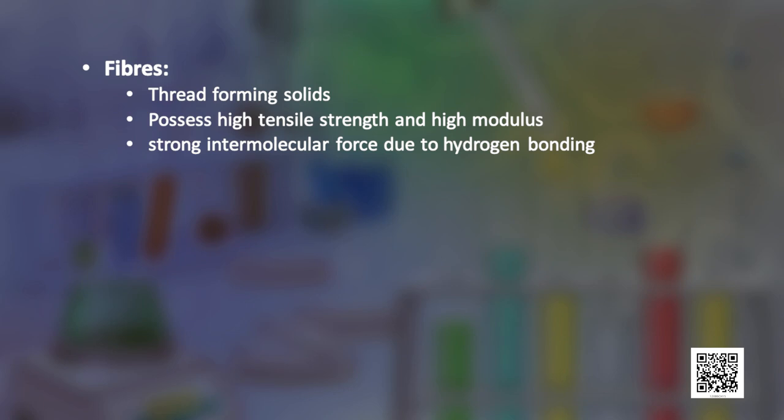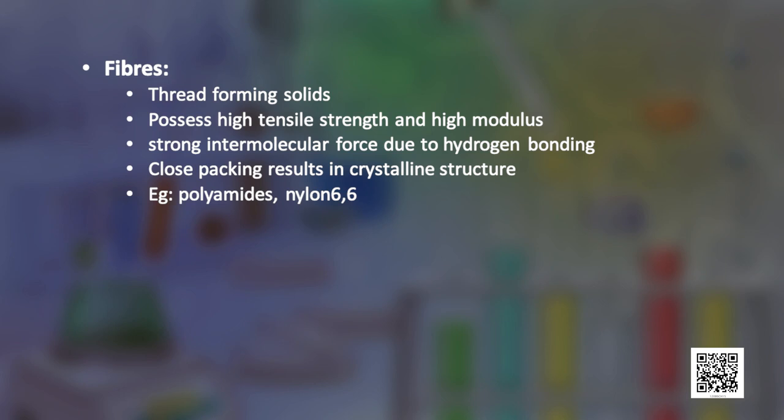These characteristics can be attributed to strong intermolecular forces like hydrogen bonding. These forces also lead to close packing of chains and thus impart crystalline nature. The examples of this category are polyamides such as nylon 66 and polyesters such as terylene.